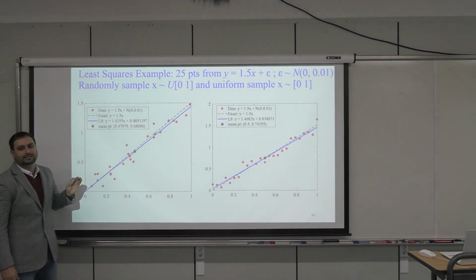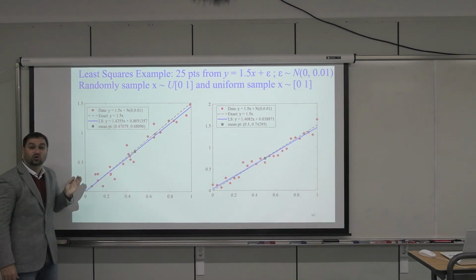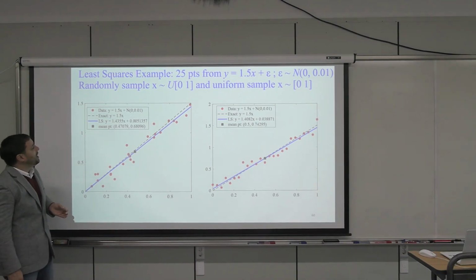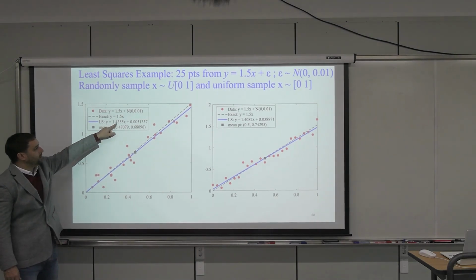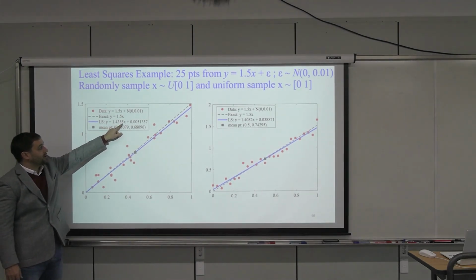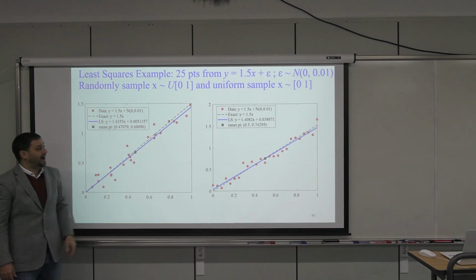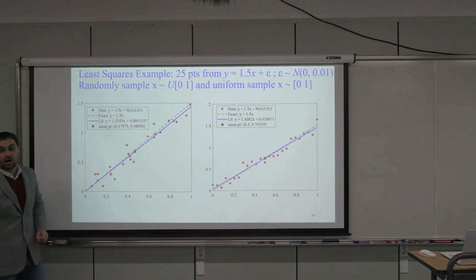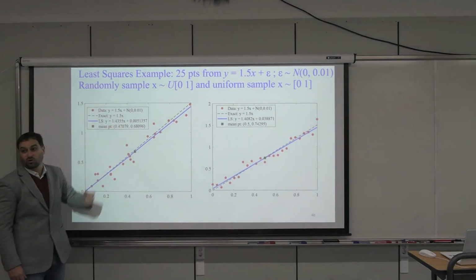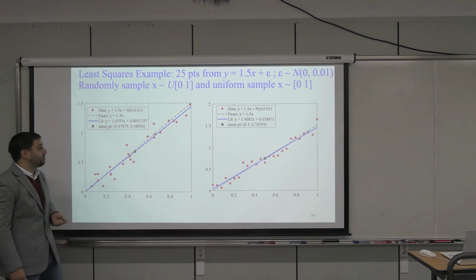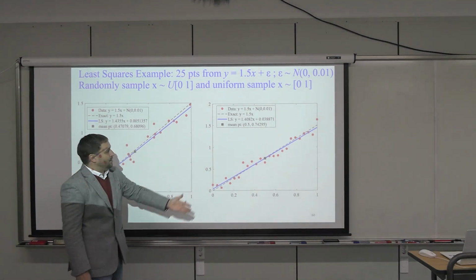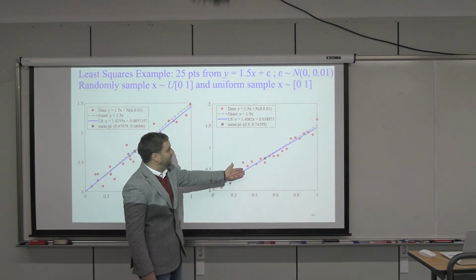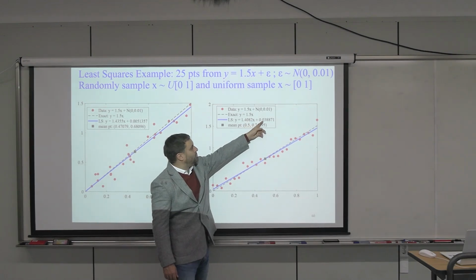So 0.5 and 0.75 are the true means of the function. Here, with more data points, the slope is 1.43 and the y-intercept is 0.005. We're starting to get a lot closer to the true underlying function we used to generate the data. We see a similar trend here, 1.4 and 0.03.